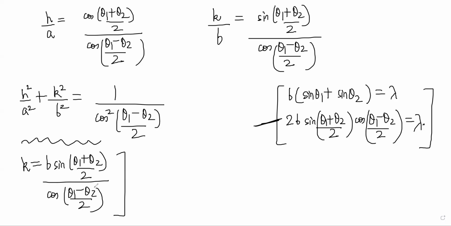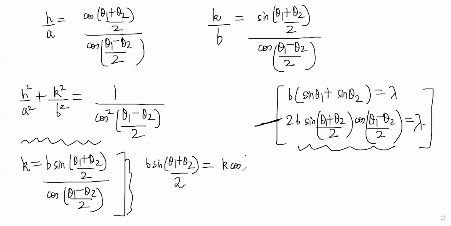So we can say that, we can use this condition and this condition together and say b sine (theta 1 plus theta 2)/2 is equal to k into cos (theta 1 minus theta 2)/2, which is the same as lambda by 2 cos (theta 1 minus theta 2)/2, right?